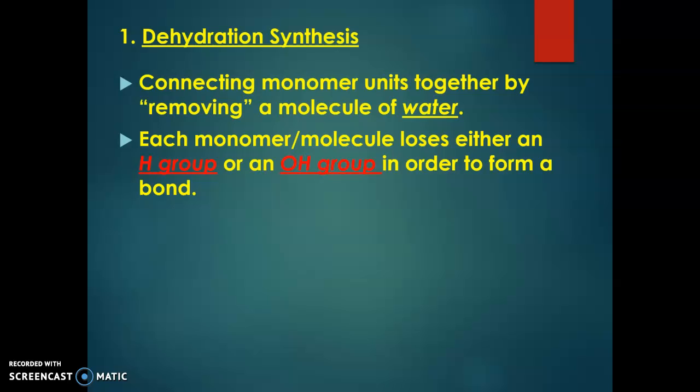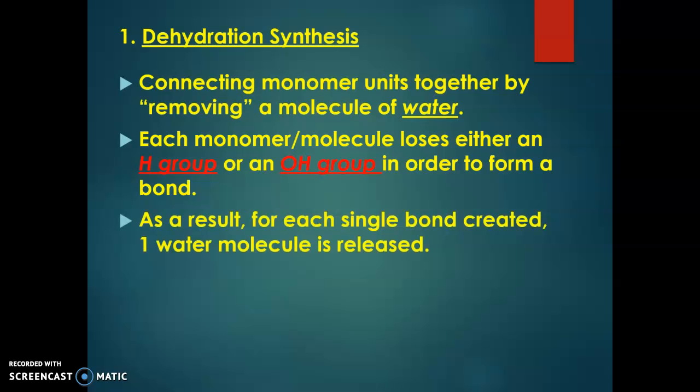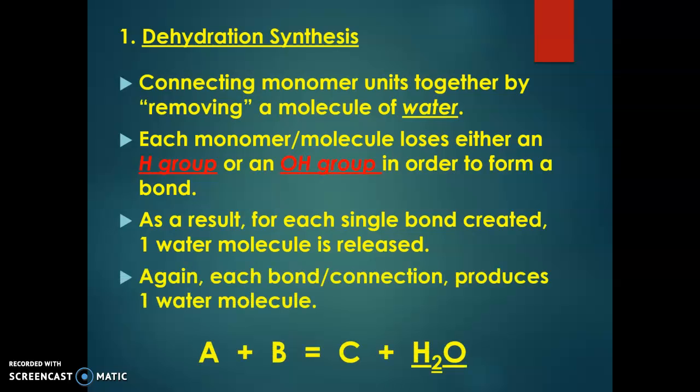You produce water as a byproduct, and then the two monomers will come together and link together in order to stabilize themselves. You'll see that momentarily. As a result, for every single bond that you create, so for every two monomers you link together, you will release one water molecule as a waste product. So don't forget, each bond or connection will produce one water.